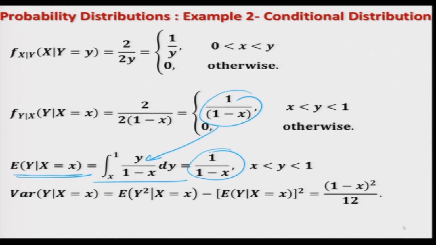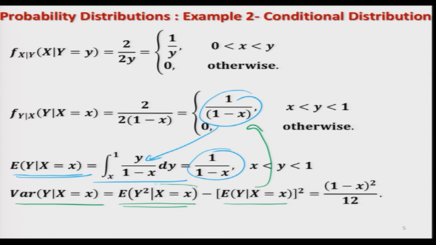And similarly, if you want to find out the conditional variance of y given x, this is very simple. You can either obtain it directly, or you can also obtain the expected value of y square and expected value of y using the conditional distribution of y given x, this one.